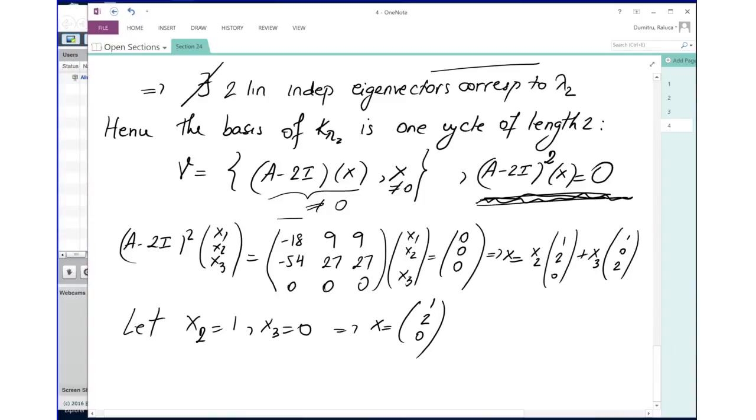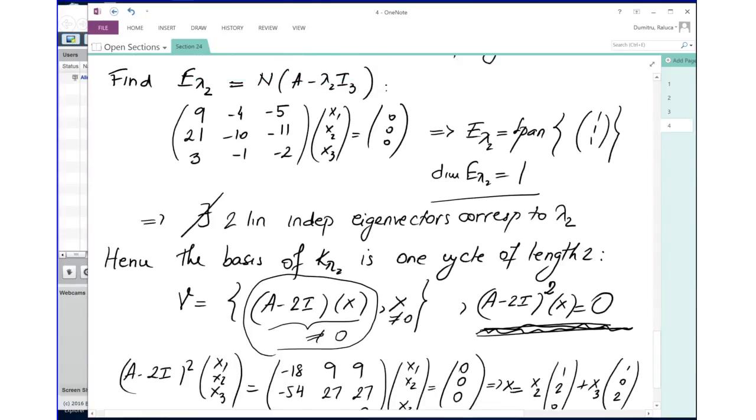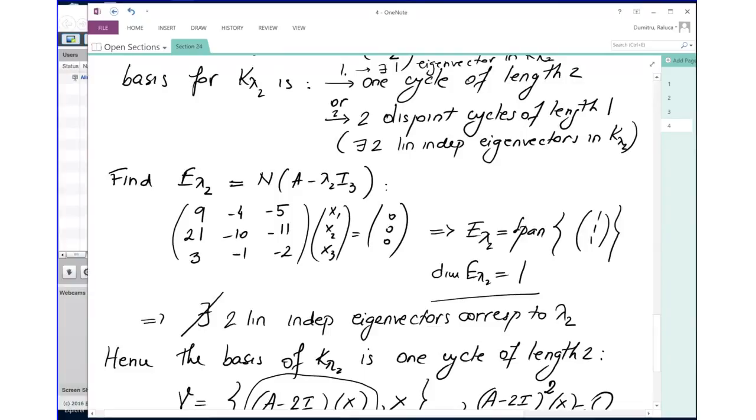All I need to check now is that the first power applied to x is not going to be 0. The first power applied to x is here. It could be 0 only if it belongs to the null space, and the null space was the span of (1, 1, 1).